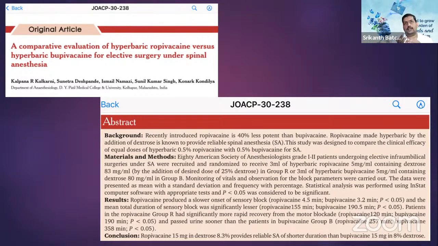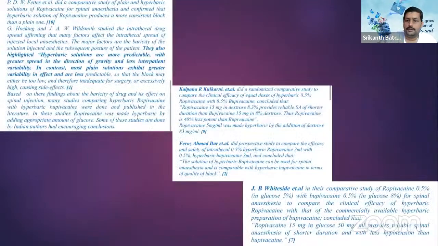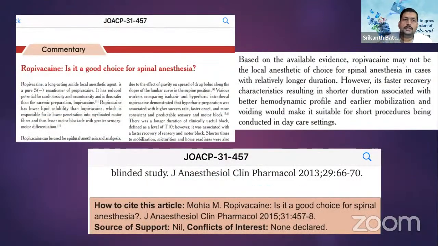But when they did 1:1.5, for every 1 mg of bupivacaine, 1.5 mg of ropivacaine, they found that the block characteristics like motor blockade, sensory blockade, weaning, all these characteristics we see for spinal anesthesia are similar.